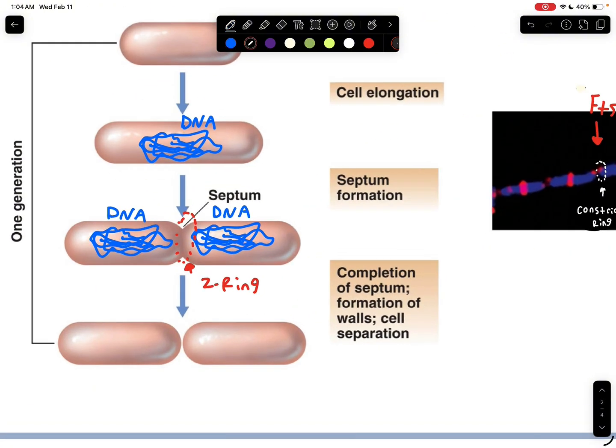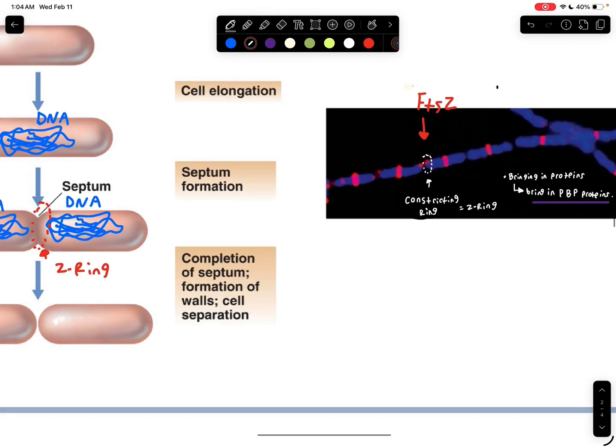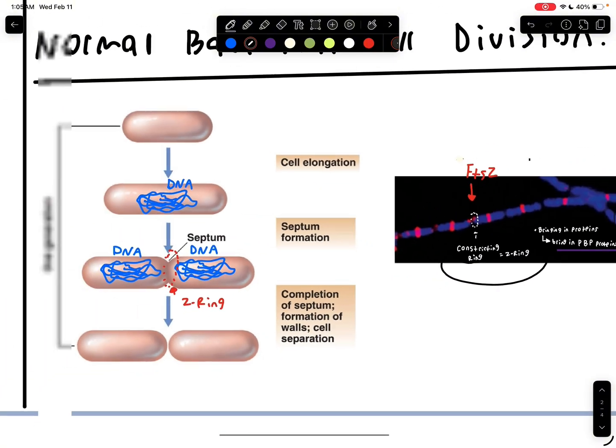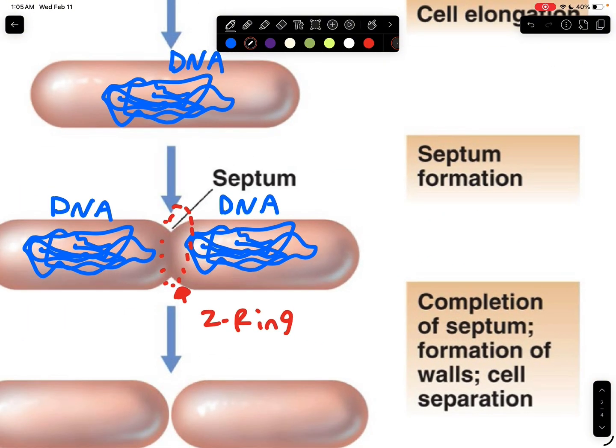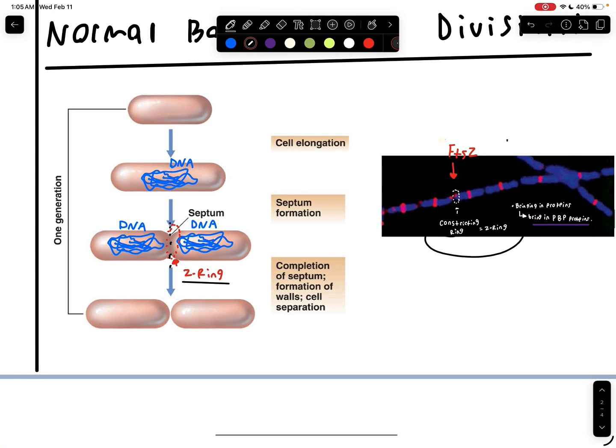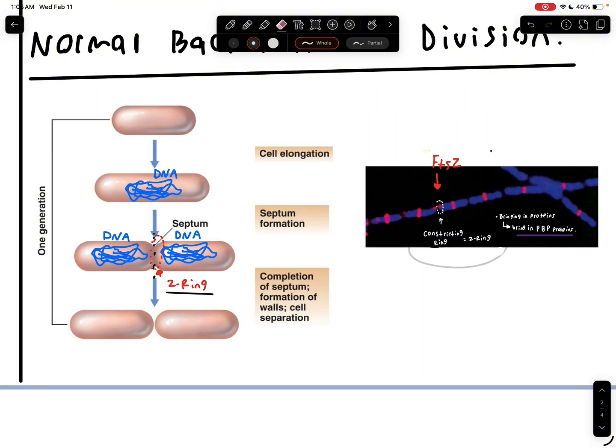Your DNA is now one copy on the left, one copy on the right. Now what this looks like is, over here, you form what we call a constricting ring. So as you can see over here, the Z ring is splitting this thing down the middle so that you form two different cells. So this is the process of binary fission, which is normal cell division.